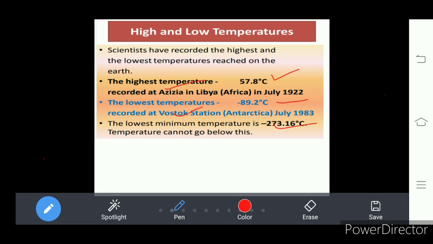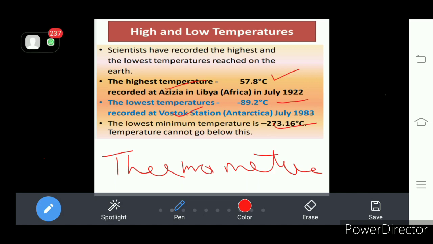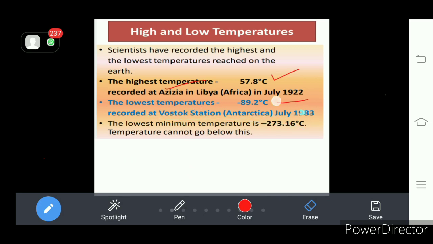C means Celsius, understand? Because temperature is measured in Celsius using what? A thermometer. Thermometer is used to measure the temperature. Understand?